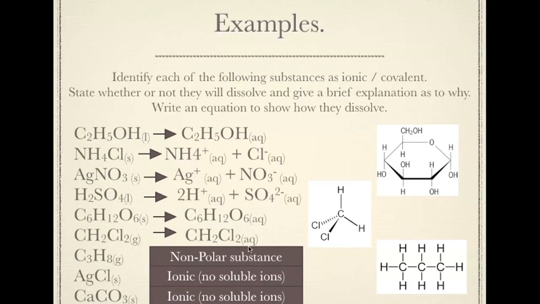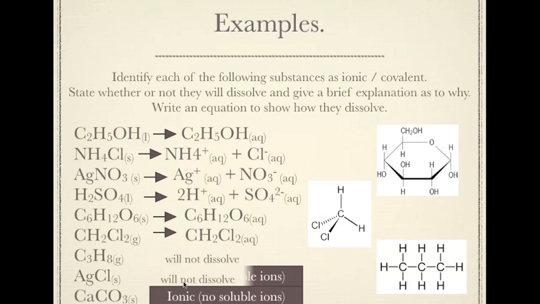The next one's a polar substance, so you can see how we've got just one compound on this side, and we just change the state from solid here to aqueous, and this one's gas to aqueous as well, because it starts off as a gas. You would normally be given what the starting state will be. And as you know, the last three here all will not dissolve. The first one due to being non-polar, and the second two being ionic compounds that don't dissolve.